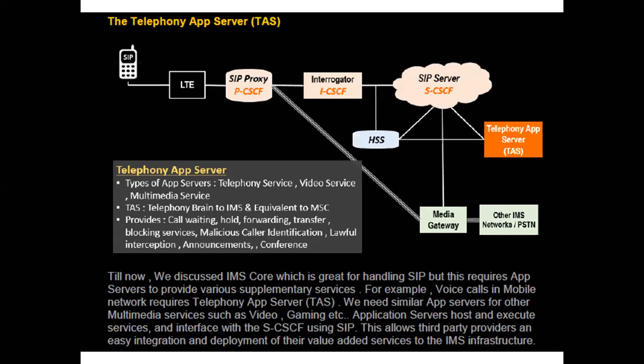When I told you about supplementary services, interviewers also ask in VoLTE what the supplementary services are. Like call waiting, hold, forwarding, transfer, blocking services, malicious call identity, caller identity, lawful interception, announcement or conference. These are the supplementary services. Generally we use call waiting, hold, call forwarding, call conference or call transfer. This is all information we use in our day-to-day life.